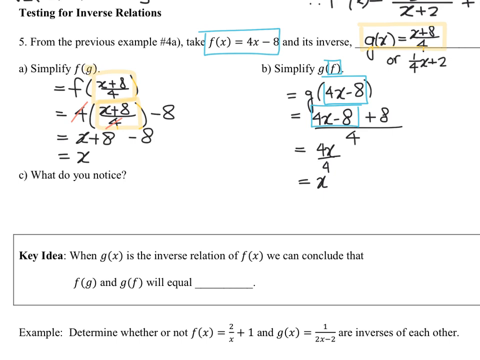Okay, so what we should notice about the result is that both f of g of x and g of f of x will give us the result of x. And this is because the inverse means to do the opposite operations in backwards order.